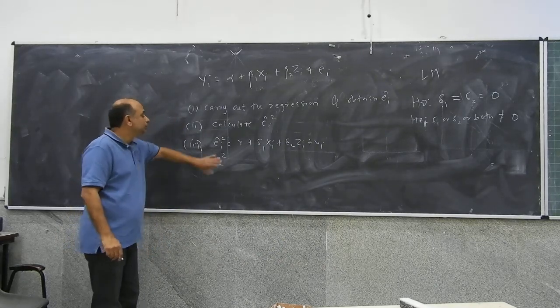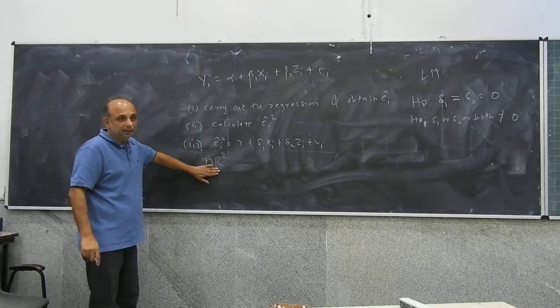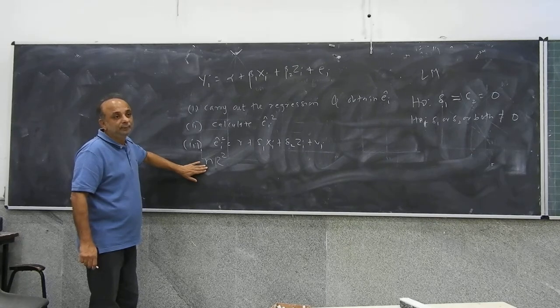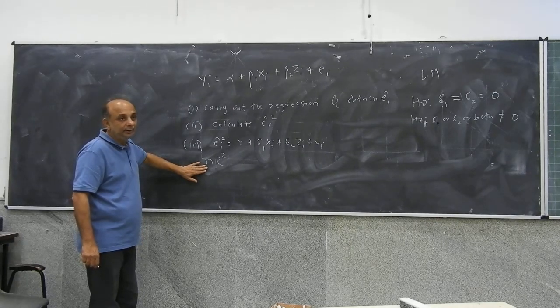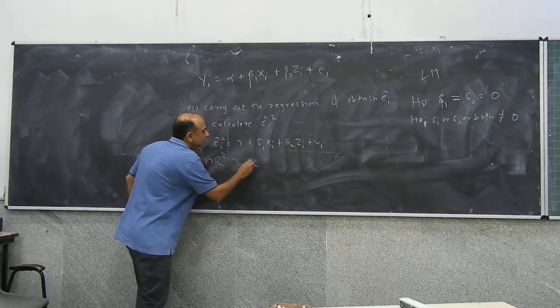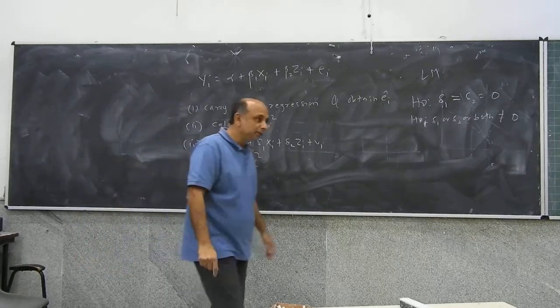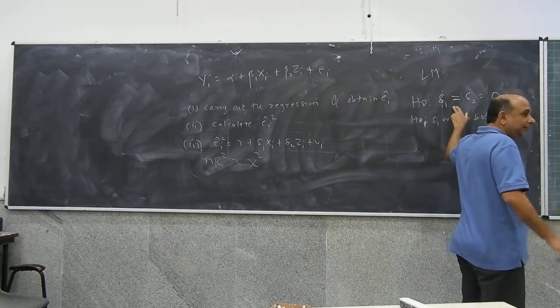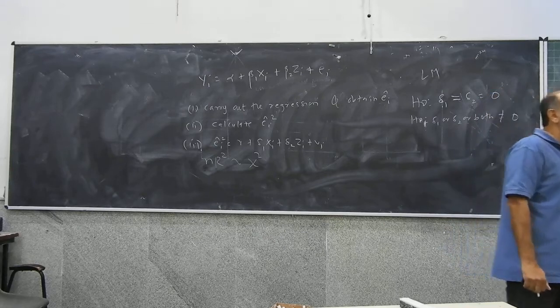Under the null hypothesis, this follows the chi-square distribution with degrees of freedom equal to the number of restrictions you have imposed.